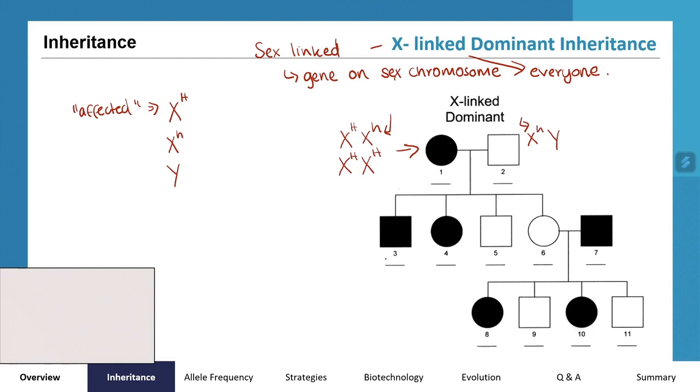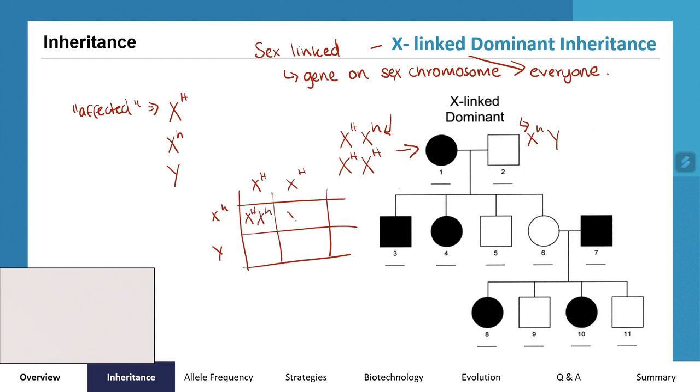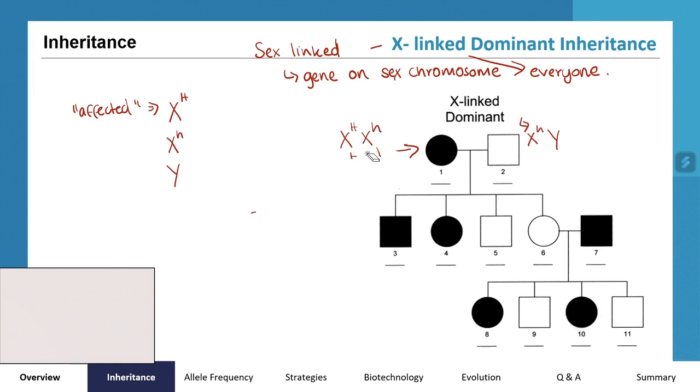Whereas if the mother had both copies of the dominant gene, I'll show you what happens. If I've got X capital H, X capital H, and then X little h, Y, every single one of the offspring is given a copy of the dominant gene, and therefore the offspring will all be shaded in. But that's not the case here. So we can immediately say that the mother is X big H, X little h, and Punnett squares can be used to find what the remaining genotypes are.